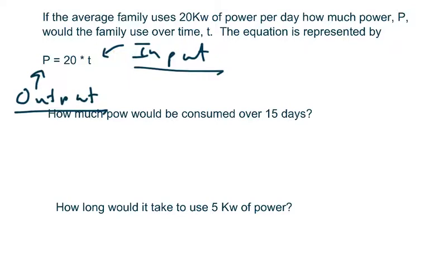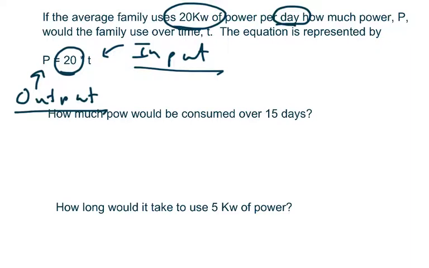And so what we have here then is we have to decide then, what does the 20 really mean? Well, the 20 is how much kilowatts. It's a constant. So every day that passes, you use 20 kilowatts of power. So time, because of that, is based on the time that we have right here, which is days.